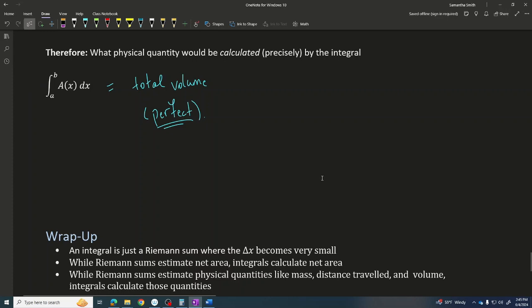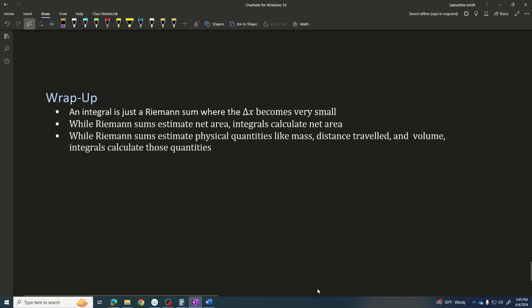So that concludes today's video. Today we introduced the concept of a definite integral, formally and officially. And once again, we said an integral is just a Riemann sum where the space between your data points, the space between your entries in the table, the width of your rectangles, your delta x, these have become very, very small.